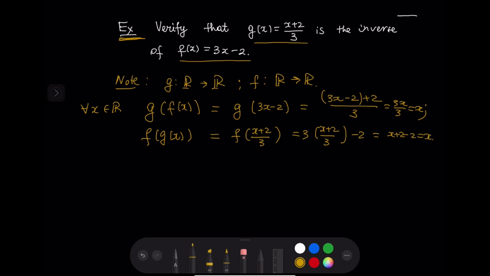So we have that g of f of x is equal to x, and f of g of x is equal to x. So then by the statement III of the previous theorem, g is the inverse function of the function f. QED.